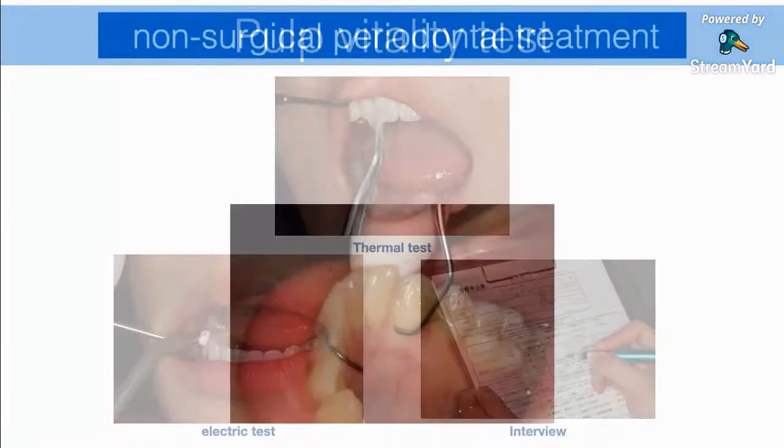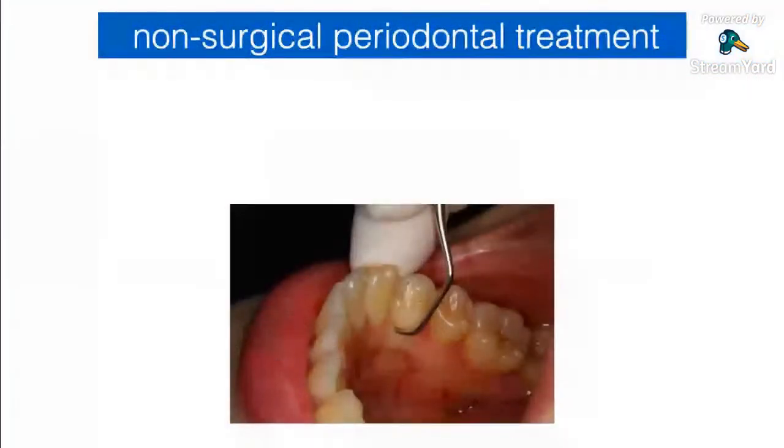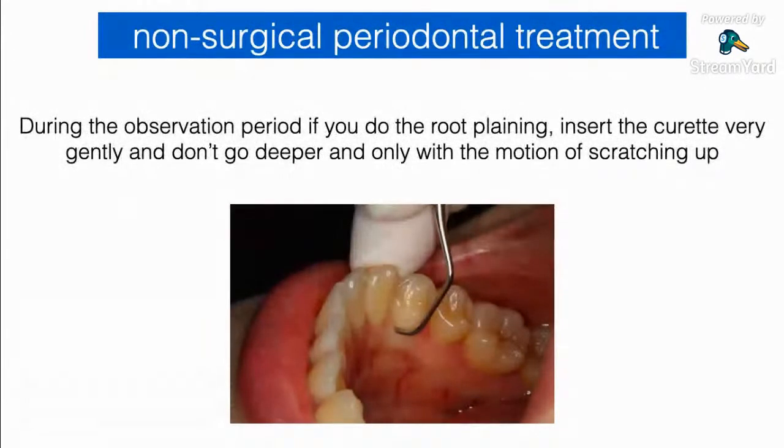And during this observation period, if you do initial periodontal treatment, like non-surgical periodontal treatment, scaling and root planing, then if you do not do root planing, insert the curette very gently. Don't go deeper, and use only a scratching-up motion. So one important thing is to do it very gently.